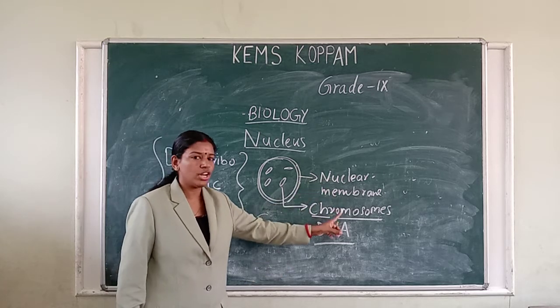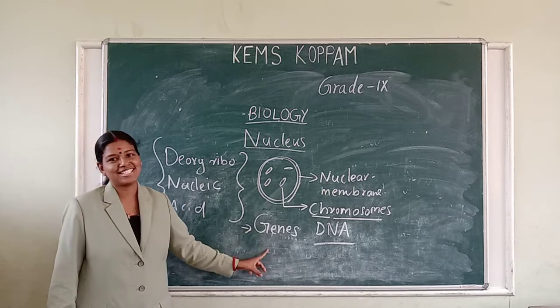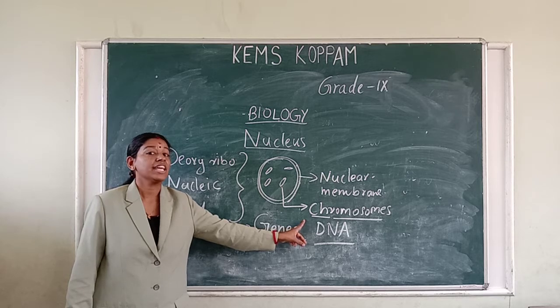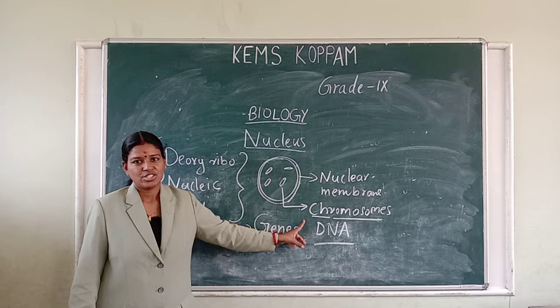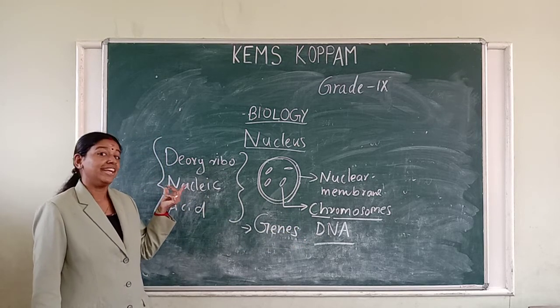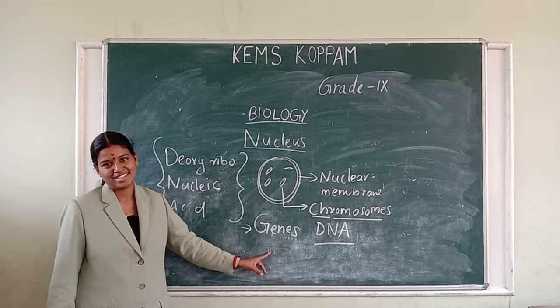So what I told: chromosomes are responsible for the inheritance of characters from parents to the child. This inherited character is in the form of DNA. DNA contains functional units called genes.